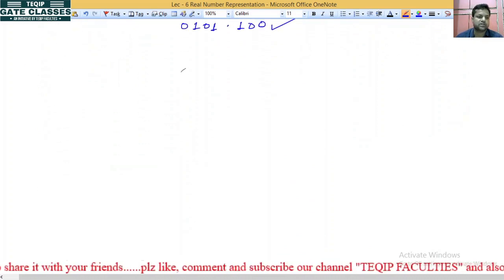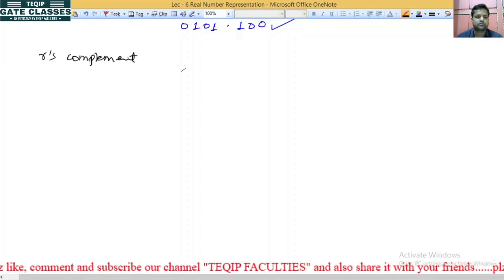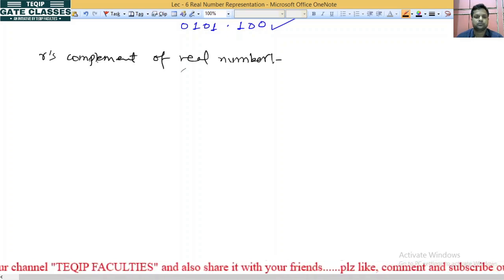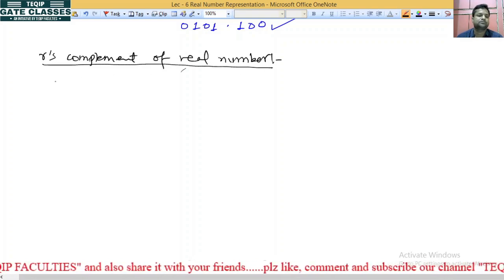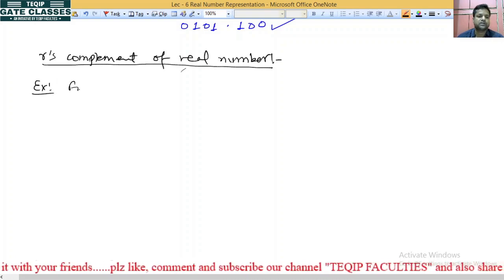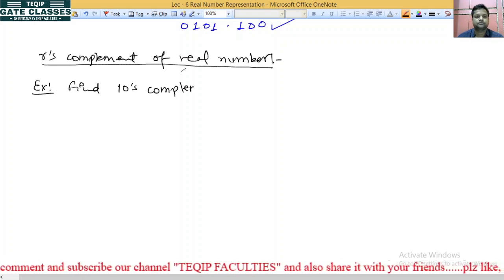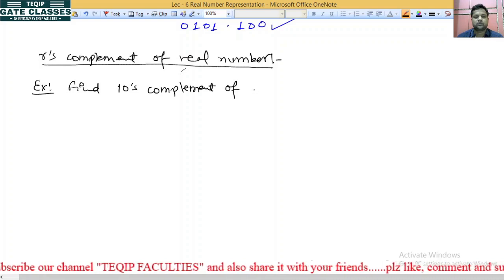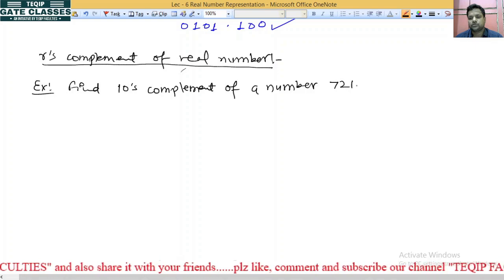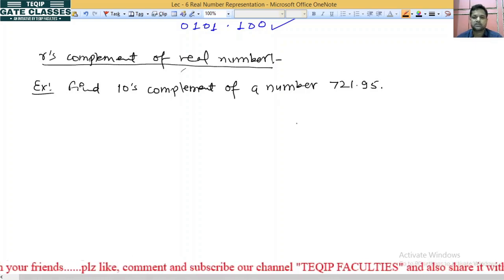Next, after this I want to calculate r's complement of a real number. What will be r's complement of a real number? So for example, suppose I want to find 10's complement of a number 721.95.